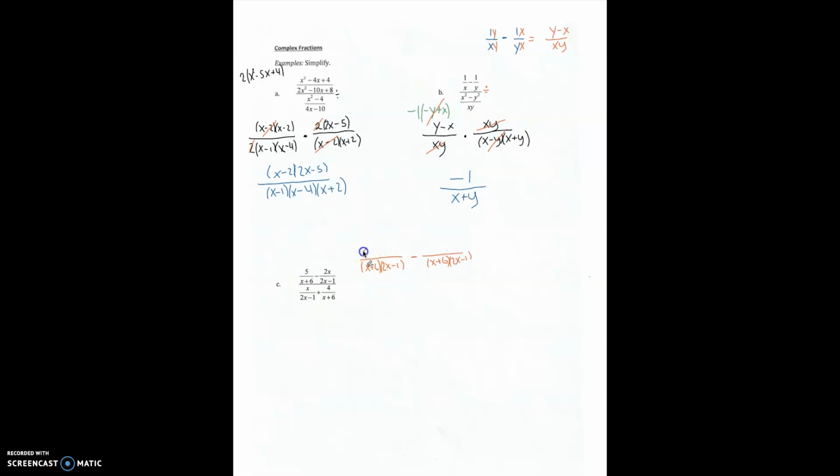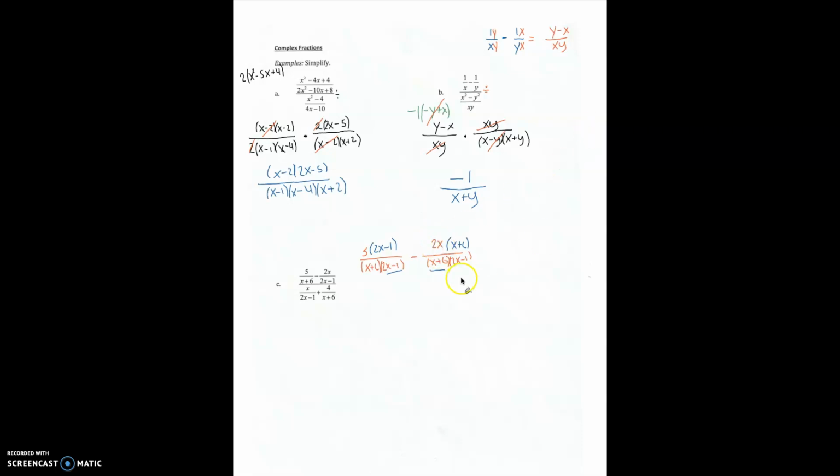So what did I multiply 5 by here? Well, I multiplied that 5 times 2x minus 1 because that's the new factor in my denominator. And for the second one, I had to multiply that denominator by x plus 6, so that 2x is going to be multiplied by x plus 6 as well.